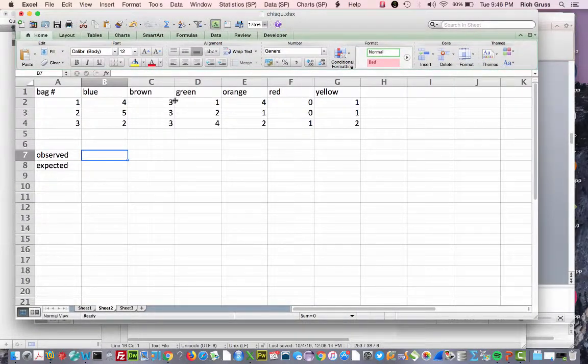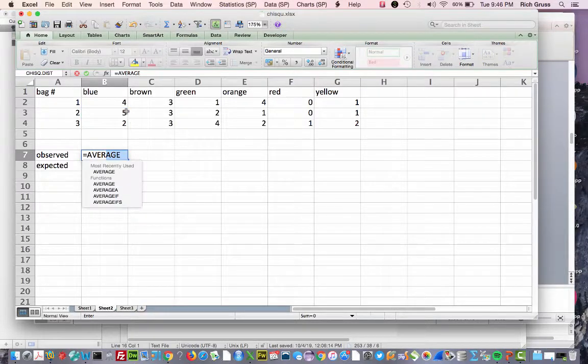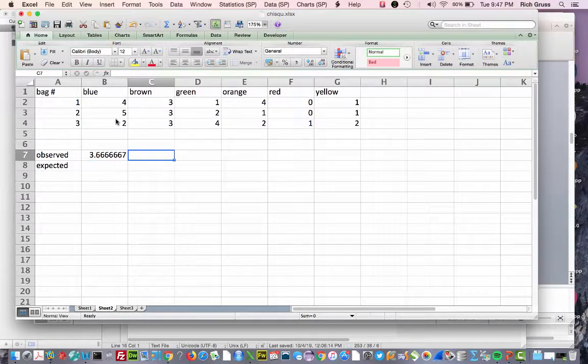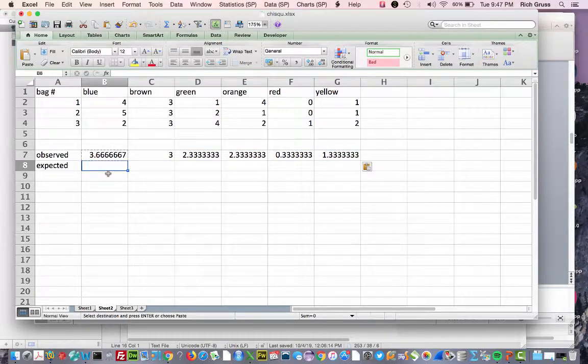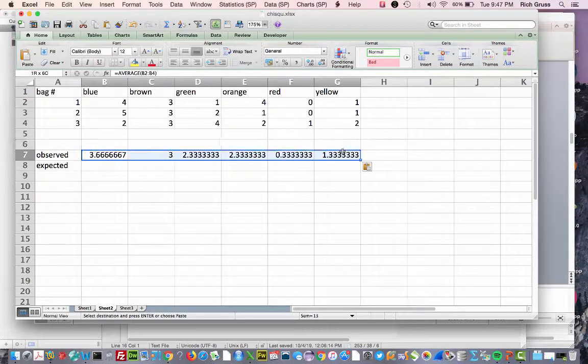So what we'll do here is just column-wise take the averages. The average number of blues, and just for each color we'll take the average, and that will be our observed. Okay, I don't like having so many decimal places.